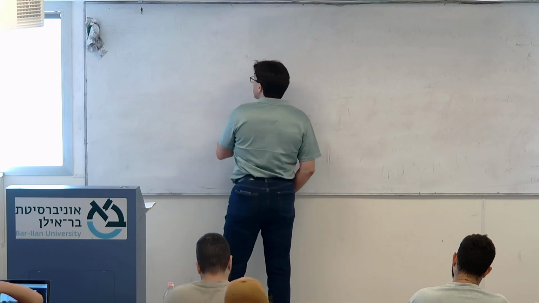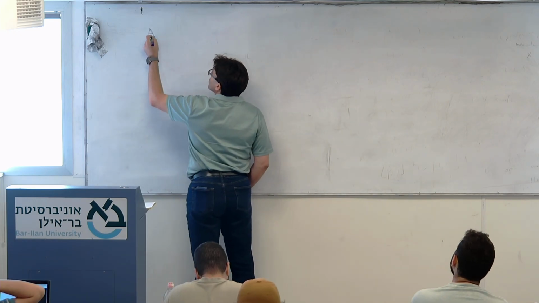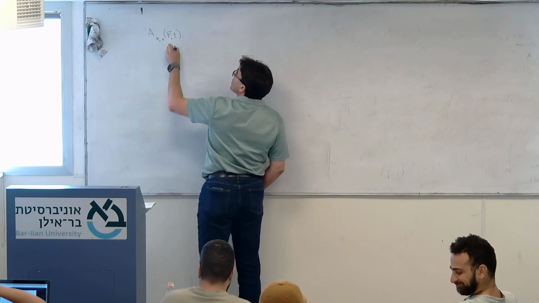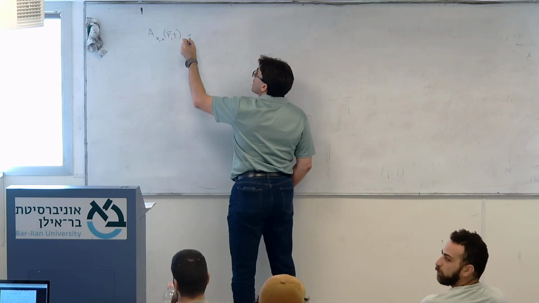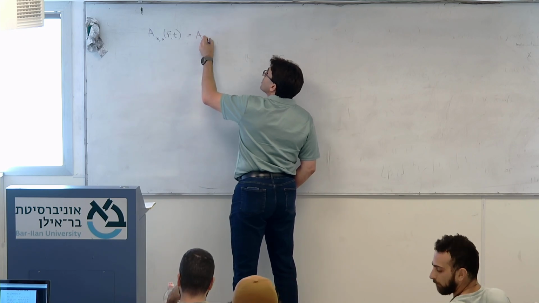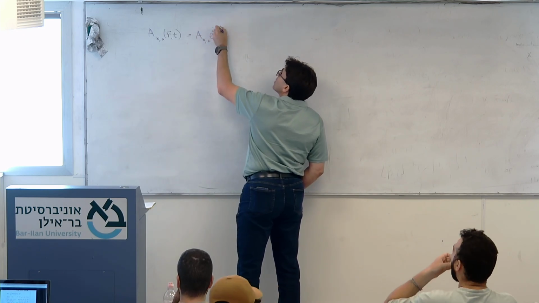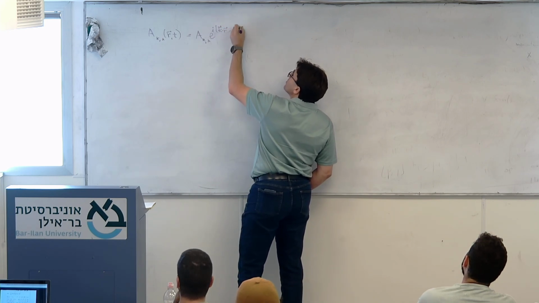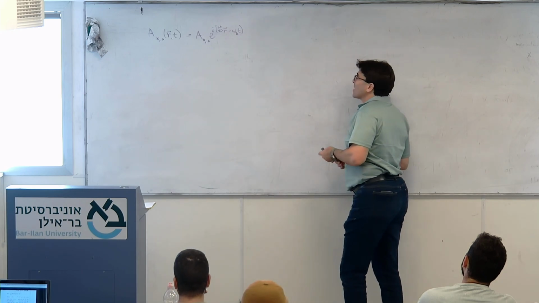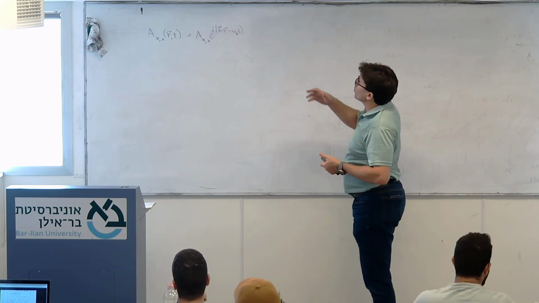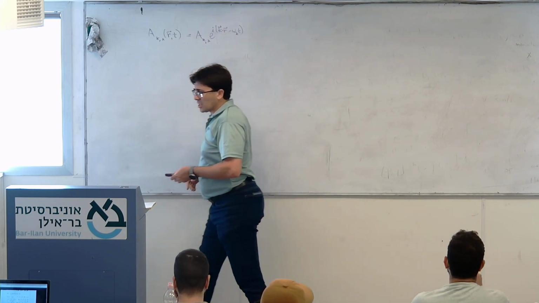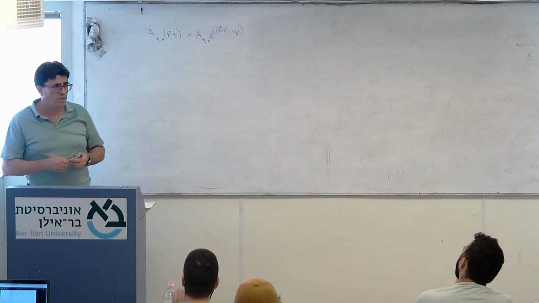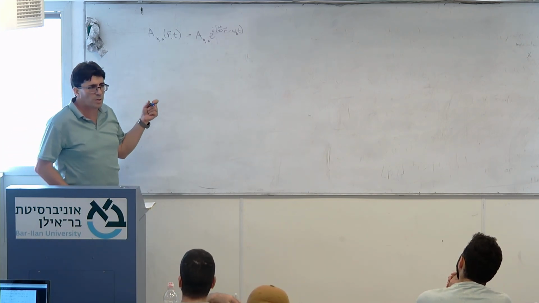We wrote this function of r and t, and when we write that, we assume something about the boundary conditions, and this is not very much of a physical boundary condition.